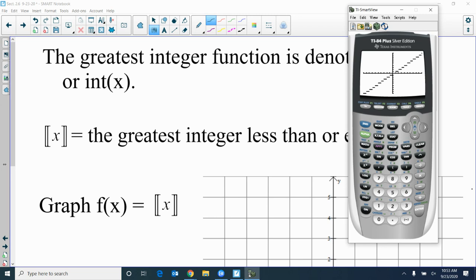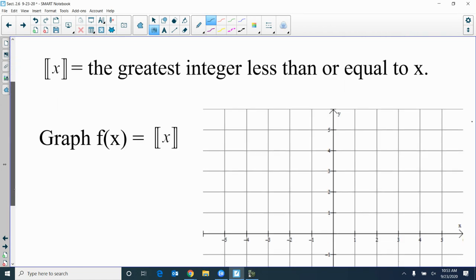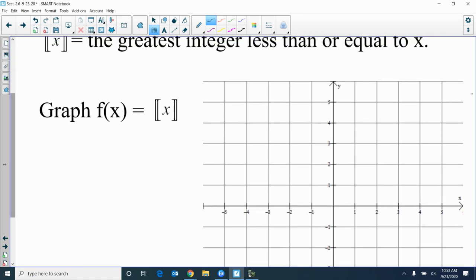This is also called the step function because it looks like a set of steps. Okay, so integer x. Now I'm going to put it out here and I'm going to explain it. When you graph this, now you can't see it exactly on there, but it starts at 0, 0, and then there's really an open dot at 1, 0.